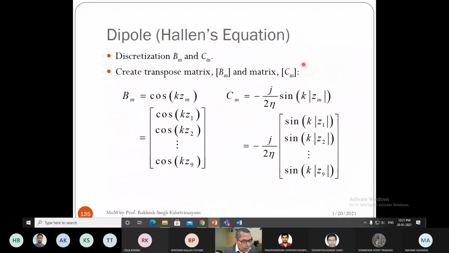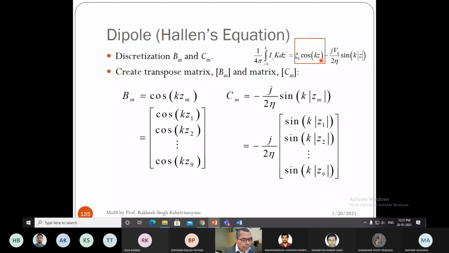We also need to find out the right hand side. Now, what do I have in the right hand side? I have this term here. This will give me the B matrix or B column vectors. So in this case, for Hallen's integral equation, the B column matrix has two parts. One is a cosine function and the other a sine function. So we need to have two vectors here. For the first vector, we are making an observation point at Zm.